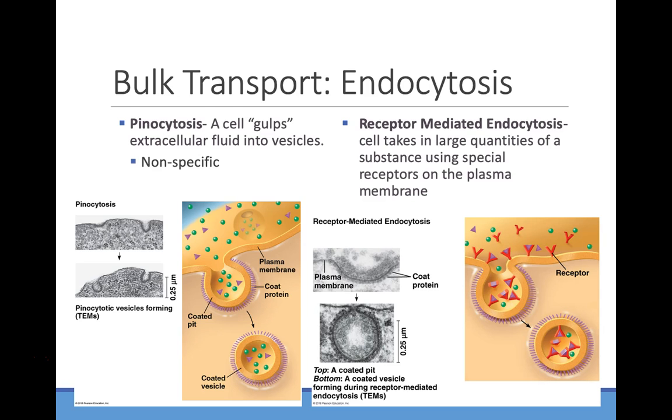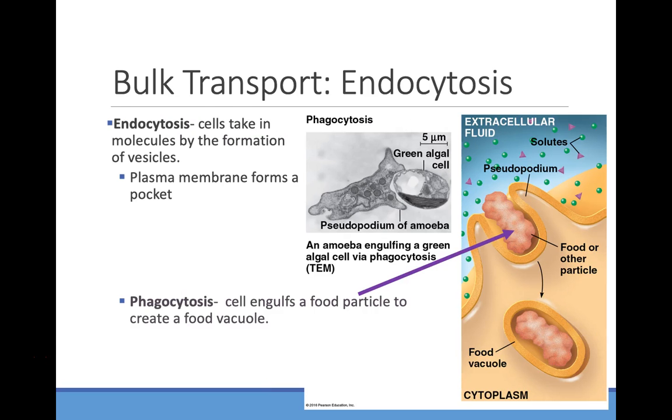So remember, vacuoles are little storage pockets. They're slightly different from vesicles. Vesicles are generally in movement and temporary, but vacuoles are produced for storage. So endocytosis is producing a little storage packet or pocket within the cell.